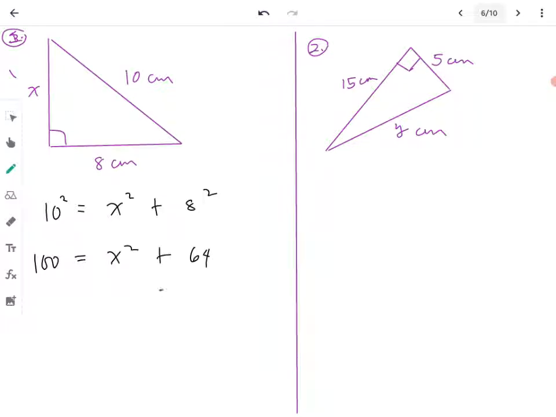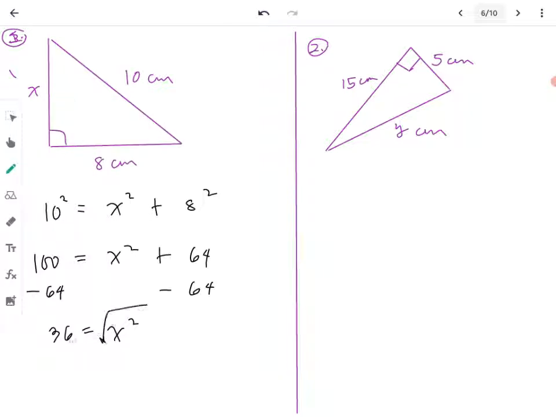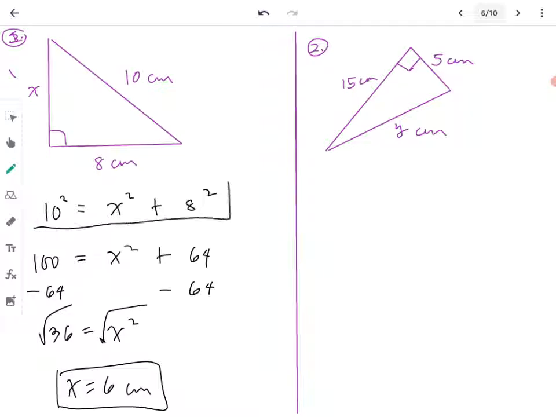Then we subtract 64, and we have 36 equals x squared. Since we are solving for x and not x squared, we extract the square root of both sides. X equals 6 cm. Okay, so that is simply how we set up the equation, then solve for the unknown.